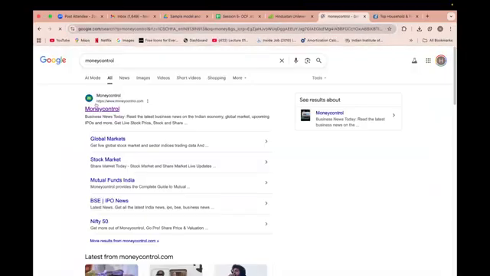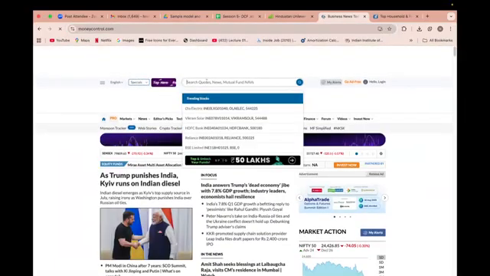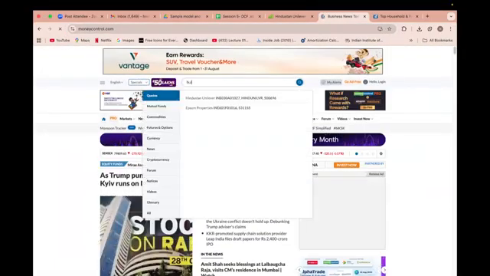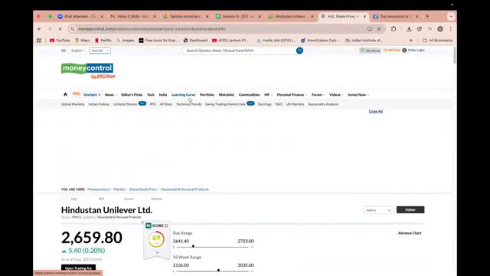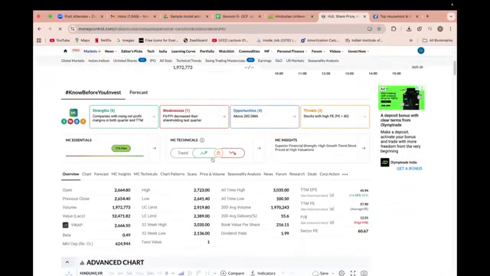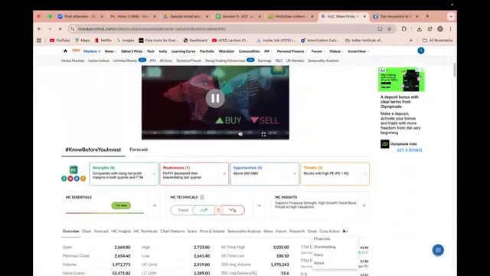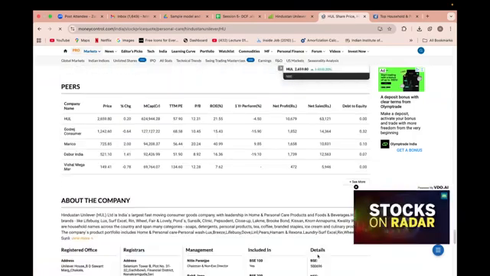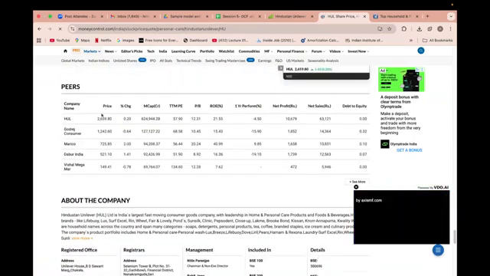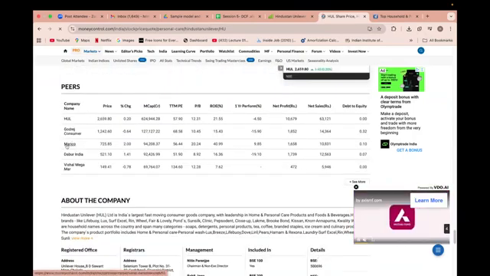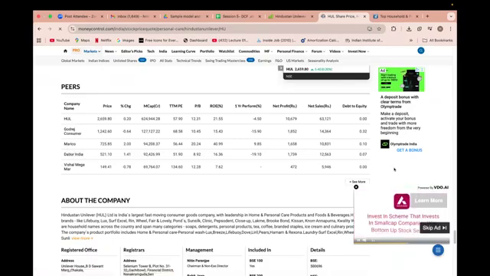In Money Control, again, put the name of your company, which is HUL. If you scroll down, you can see the peers: HUL, Godrej, Marico. Now this looks much better, but we want to see more companies, so I'll go to see more.